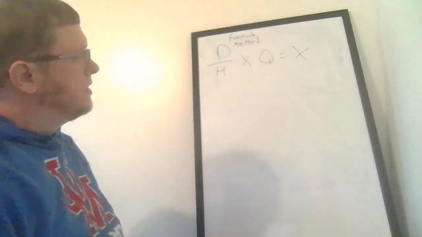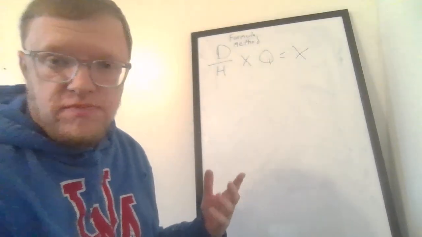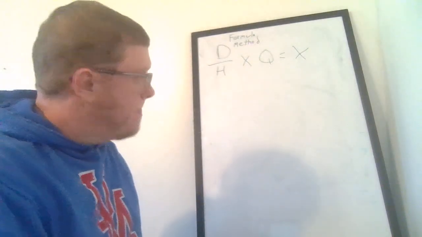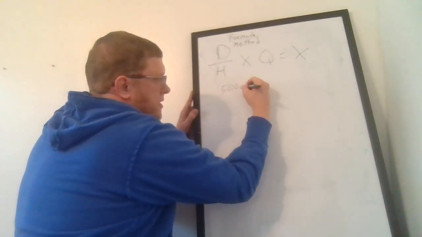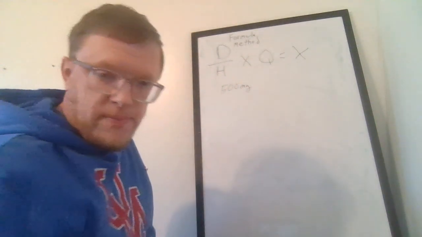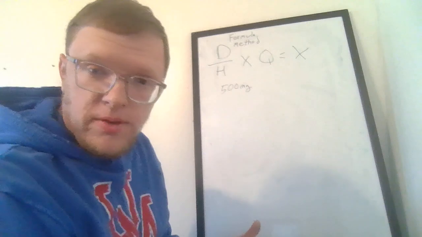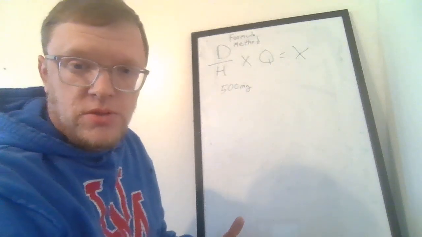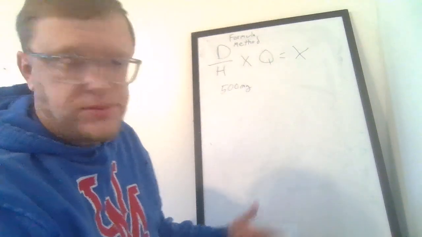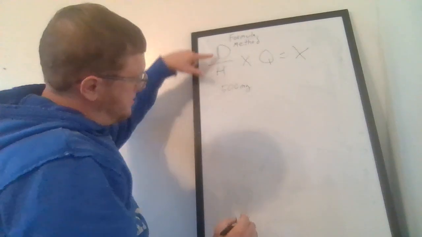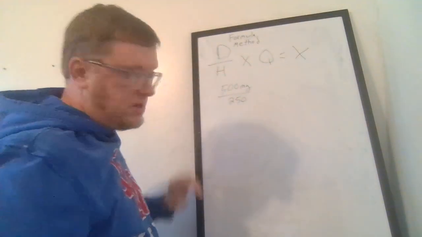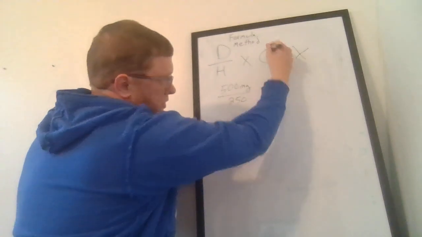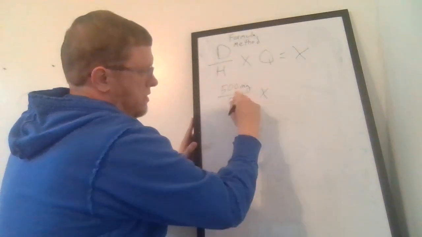So desired: the physician orders 500 milligrams of Tylenol. I go check the med room, and all we have on hand is 250 milligram capsules. So this is the desired, and on hand we have 250 milligrams. Now it's times the quantity, that's what the Q is for.